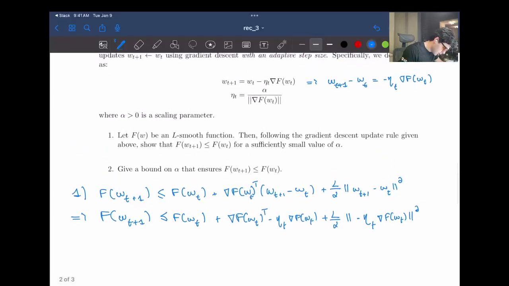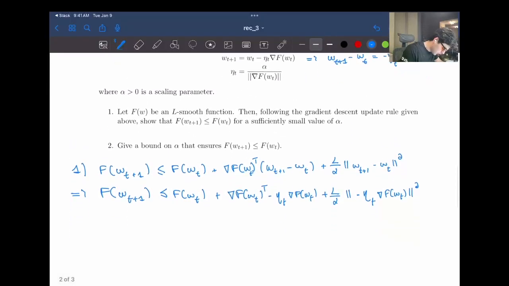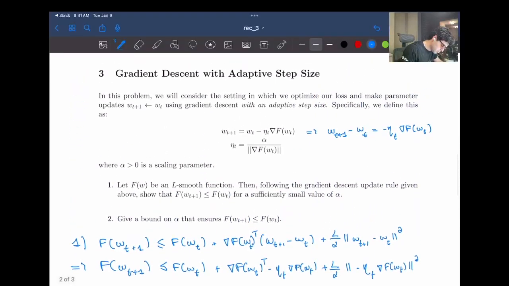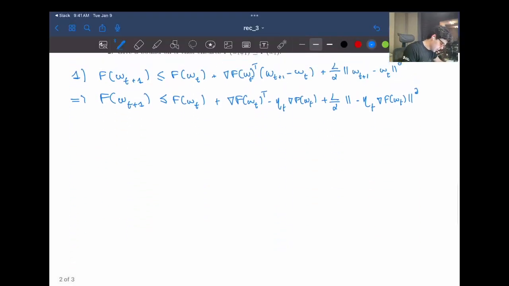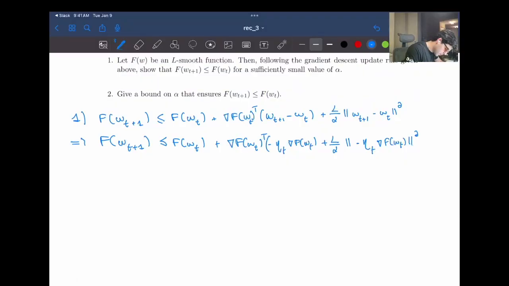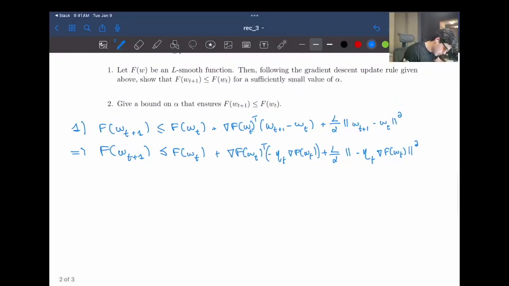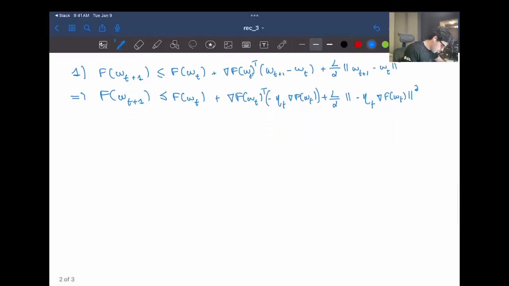Okay, did I make a mistake here? Perfect. So we have to put this in parentheses.